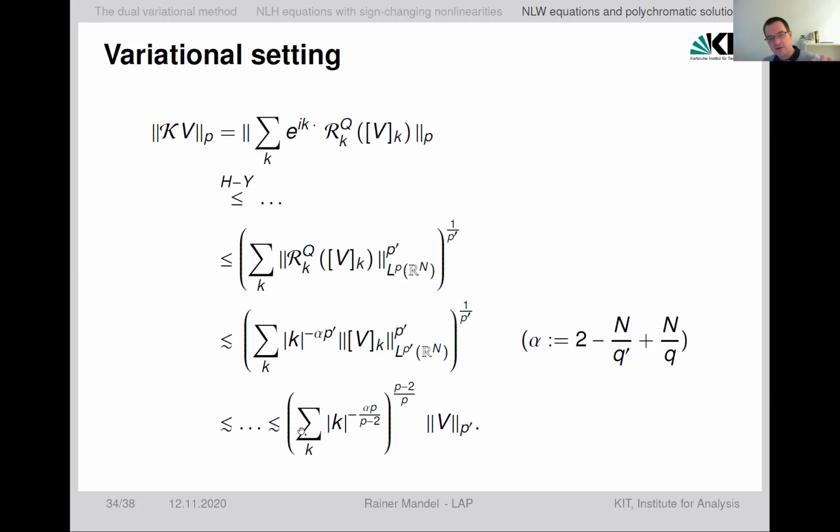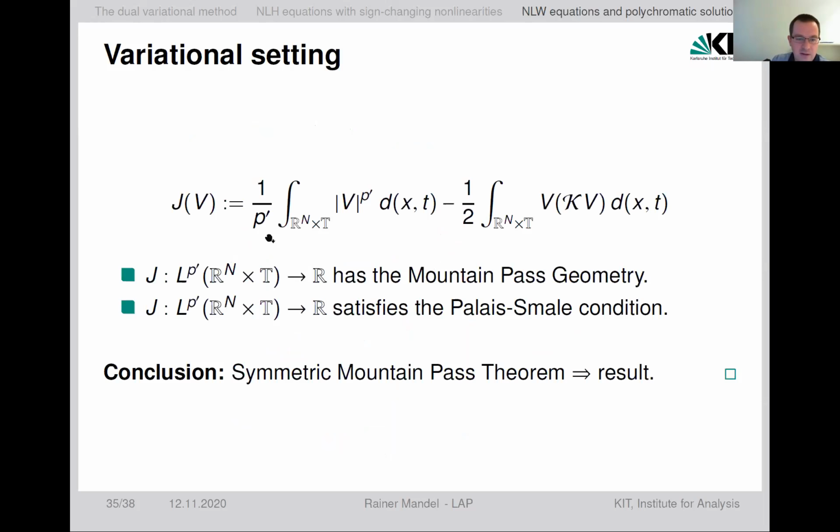Okay, so in such a way one can prove the boundedness. Let me only mention that the compactness is easier under our assumptions at least, and so we end up with this functional here, which is well defined, which is C1. We can verify it has the mountain pass geometry.